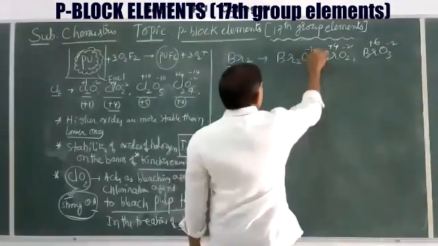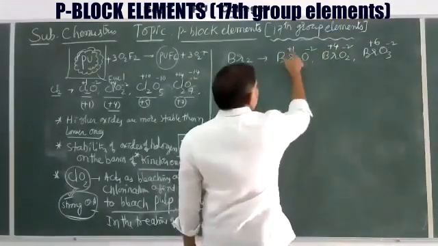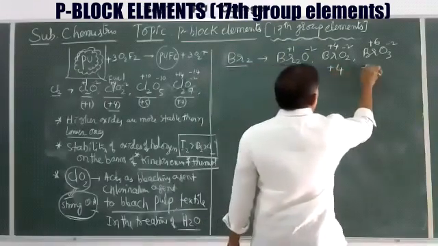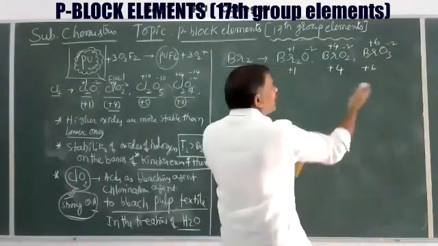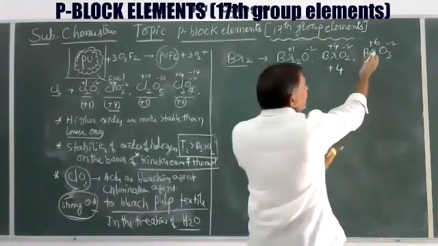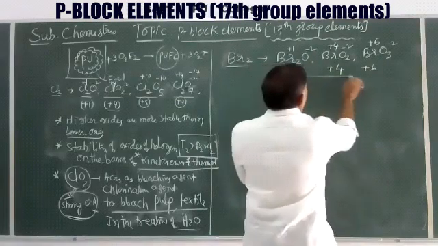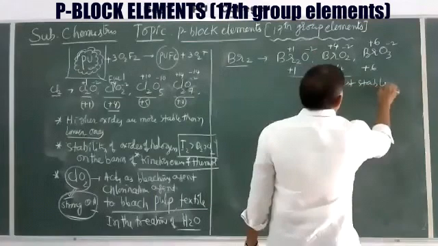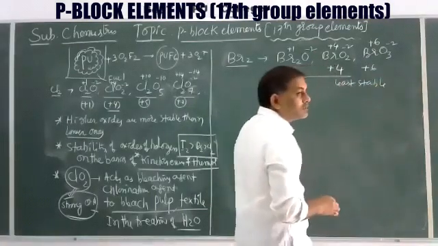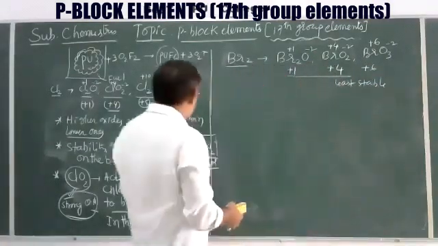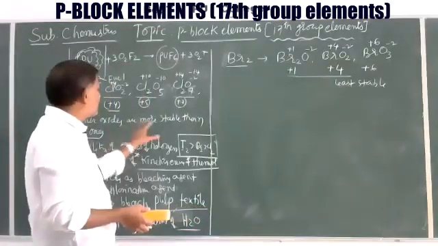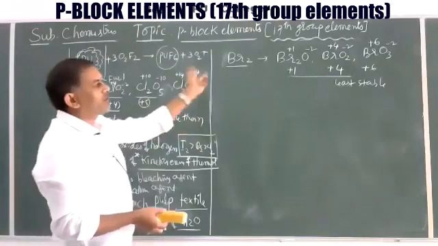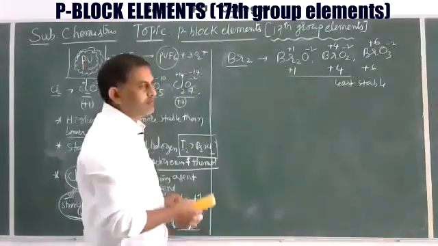In Br2O, it is +1 into 2, balancing -2. So it shows +1, +4 and +6, compared to the higher oxides, maximum +7. That's why these are least stable, because higher oxidation state oxides are more stable than the lower ones. Among these, BrO3 is the most stable.